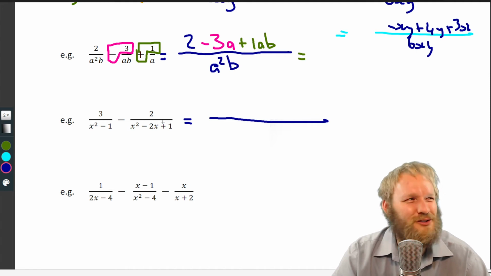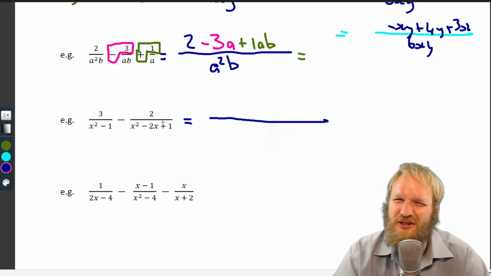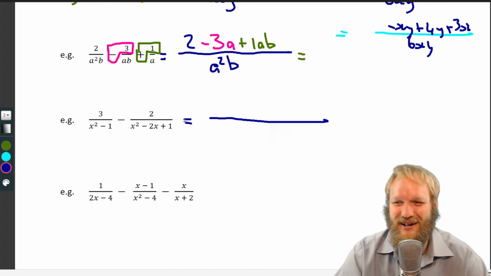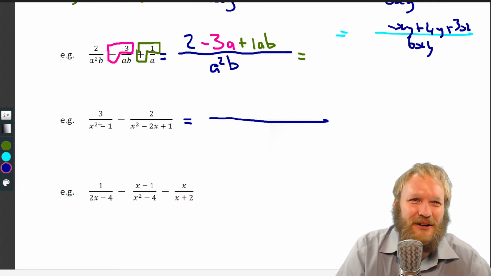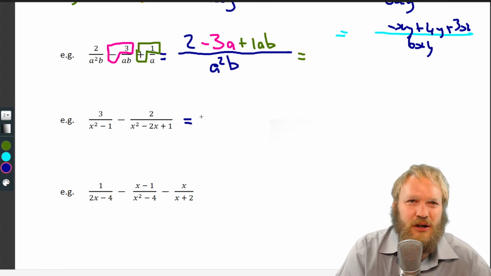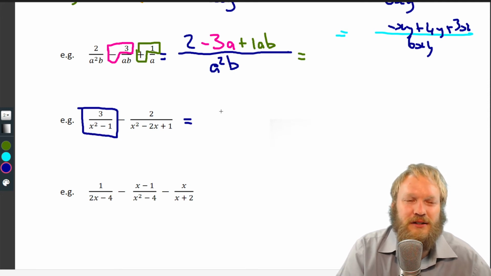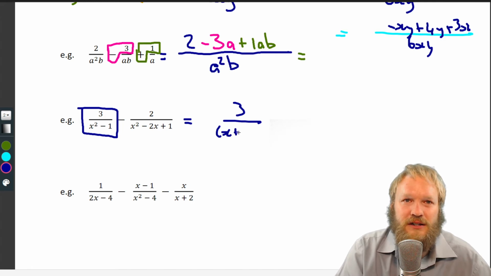I don't know if it's crying out to do it or to be done to it. What it's crying out for is for us to factorize. So we're going to factorize this. Actually, we're not quite ready for this. So I'm going to look at this part here and say 3 over x plus 1, x minus 1.